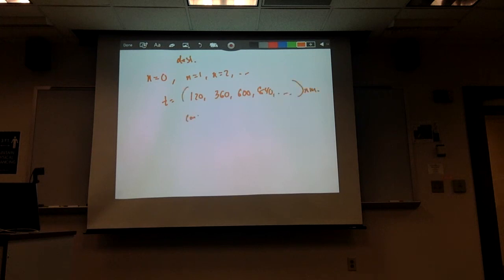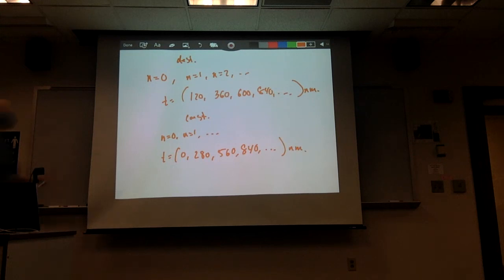And for constructive interference, for n equal to 0, n equal to 1, etc., we get that the thickness is equal to 0, 280, 560, 840, etc. nanometers.